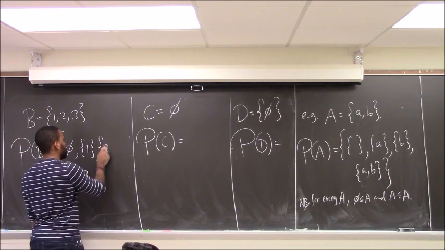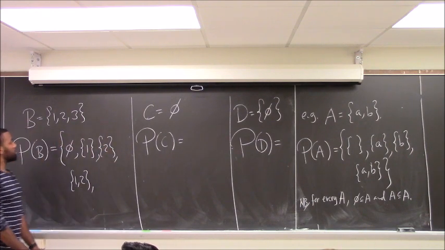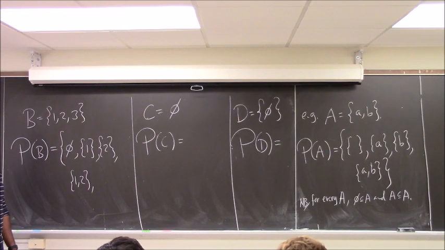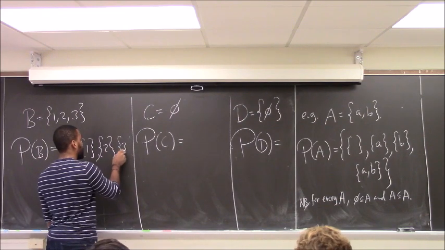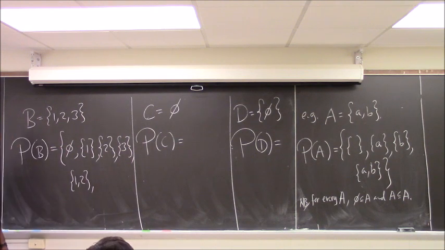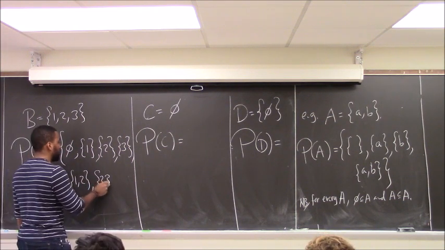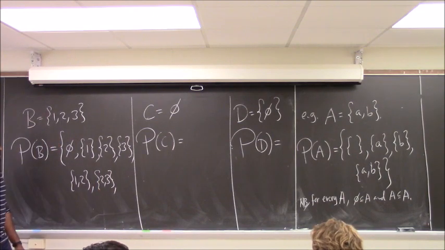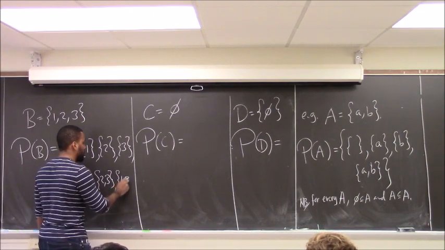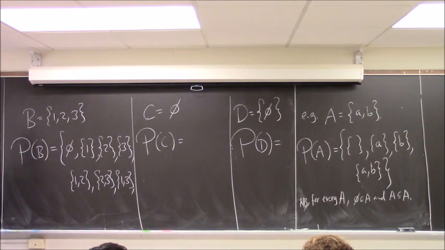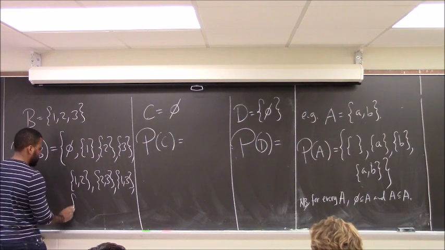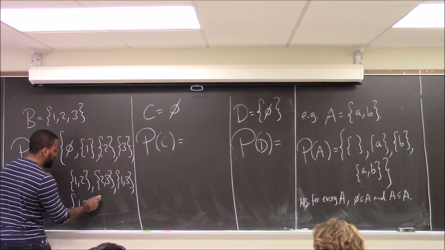The set containing 3. The set containing 2 and 3. The set containing 1 and 2. The set containing 1 and 3. The set containing 1, 2, 3.